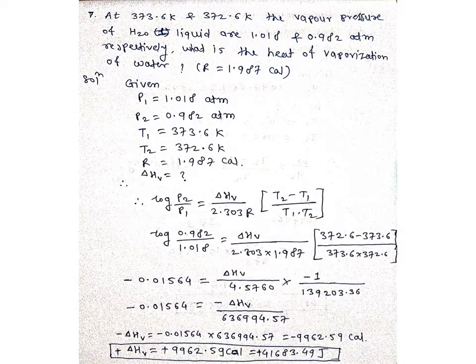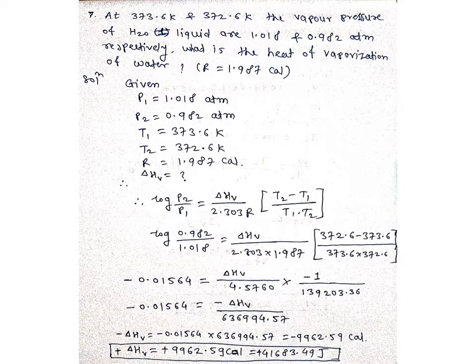Now example second, that is a Carnot's engine works between the temperature 27 degrees Celsius and 127 degrees Celsius. Calculate the efficiency of the engine.